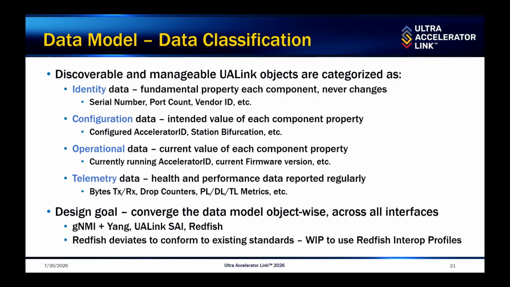And on top of it is the telemetry grouping. Telemetry is almost always periodic information. Statistics would fall into this, but within telemetry there would typically be two subgroups, or at least we are defining it that way.